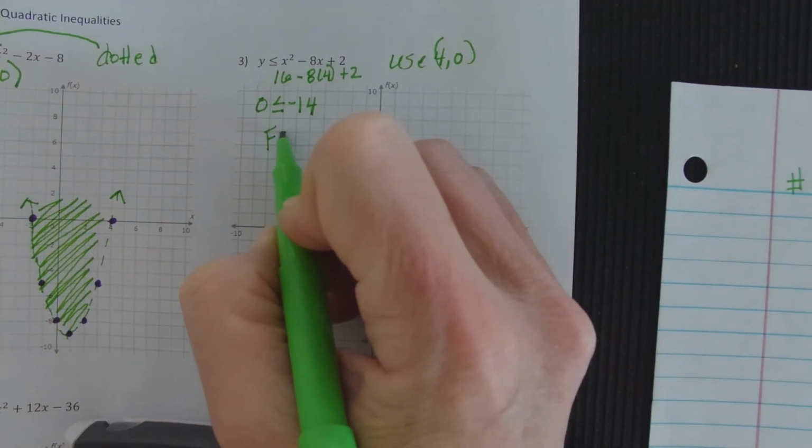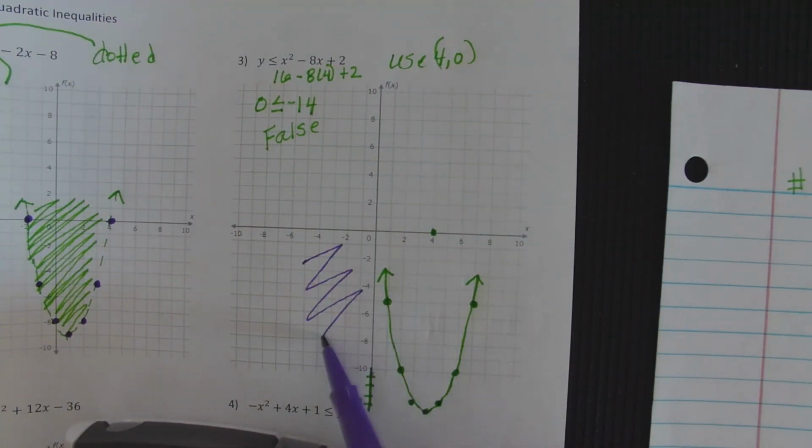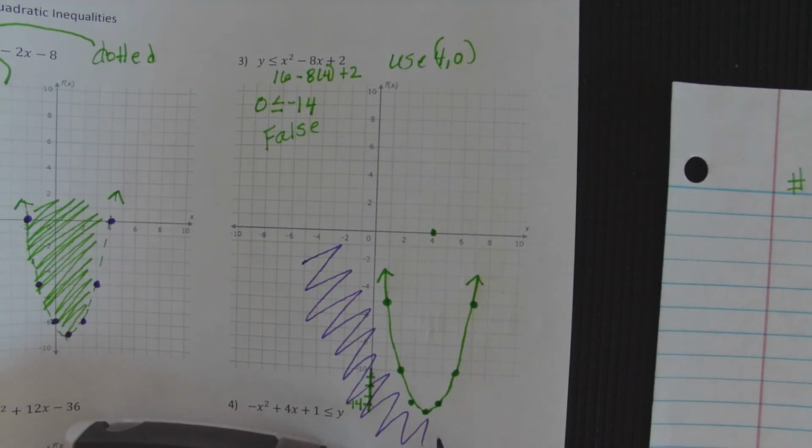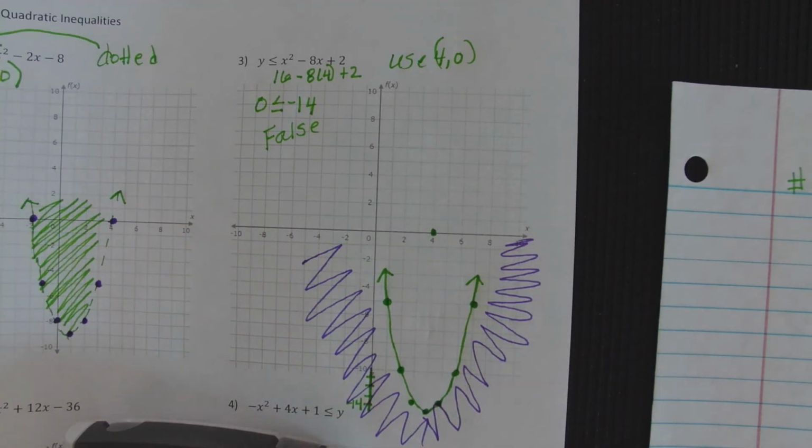So Avery, where do I shade? In or out? Out. It doesn't matter where you start shading. I just cover how big the parabola is. You could have picked more points and kept this going. It gets fatter and fatter as it goes.